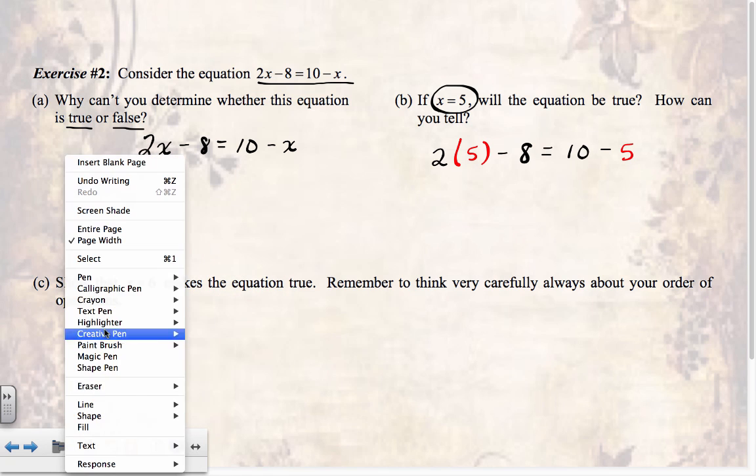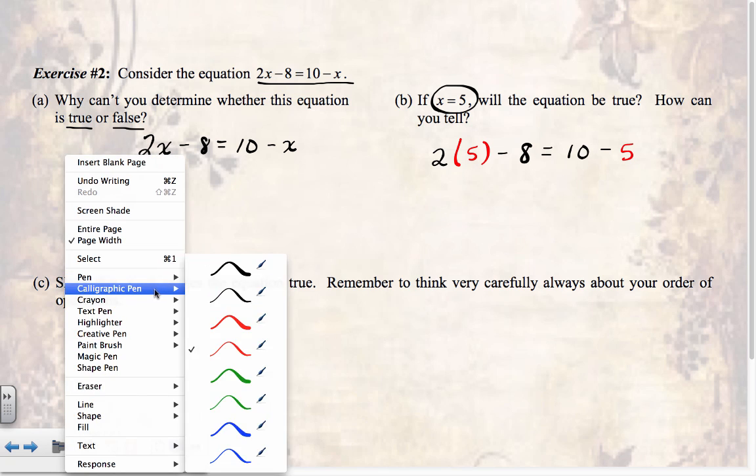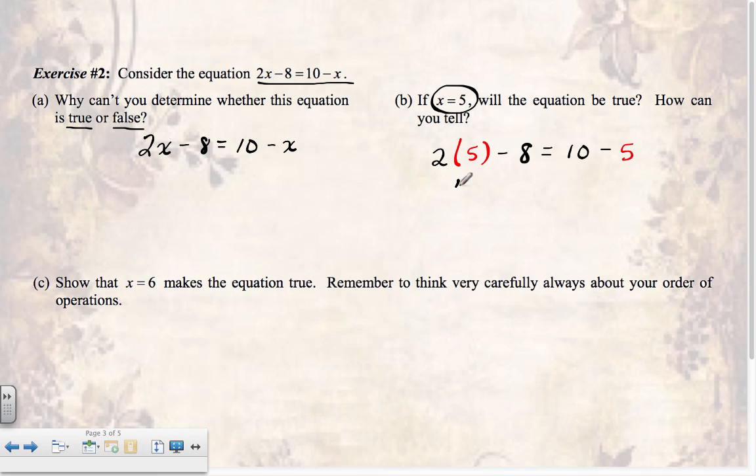All right, so we're testing now. 10 minus 8 is 2. In order for this to be true when x equals 5, I better get 2 on the other side, and I don't. So this will be a false statement.